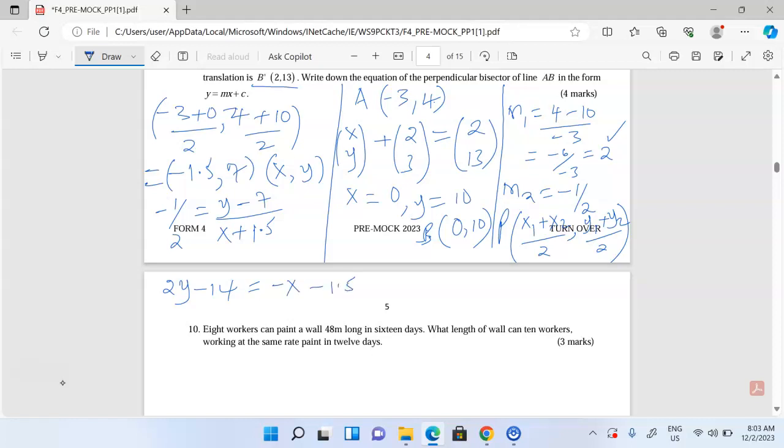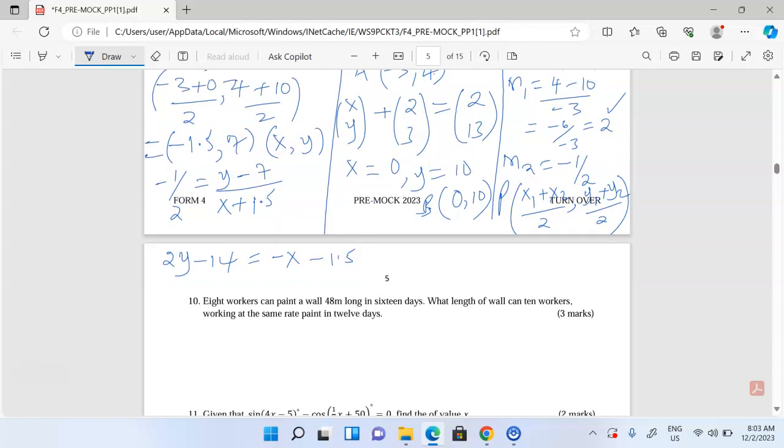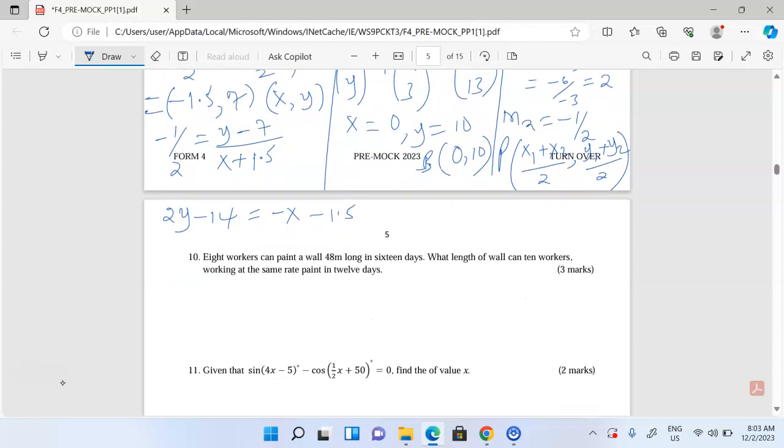So it becomes that. Then we shall remain with 2y equals negative x, plus, when we take 14 and we subtract 1.5, we get 12.5 positive.